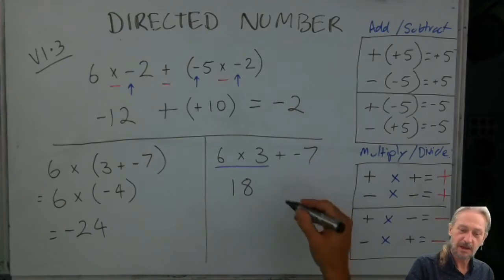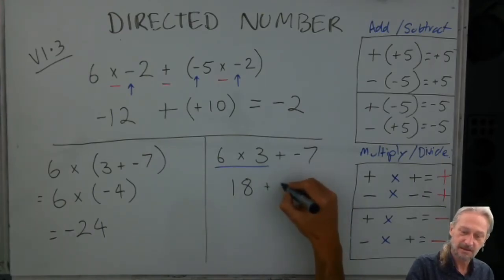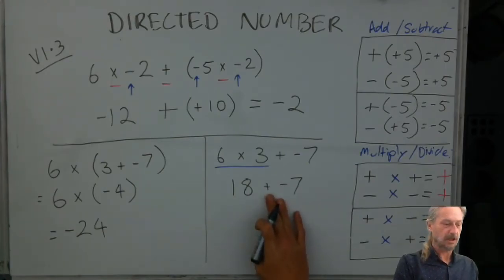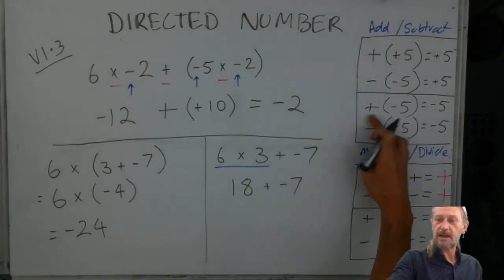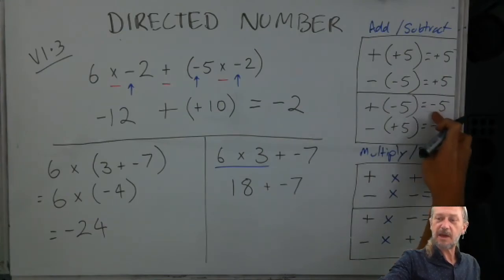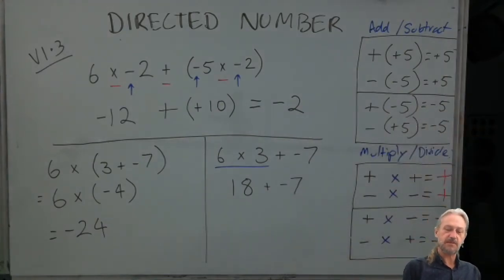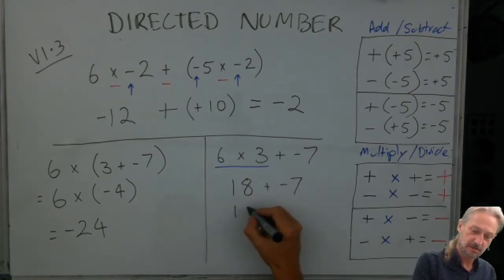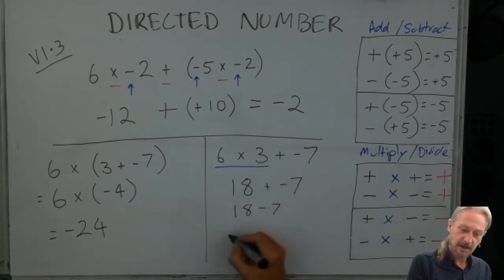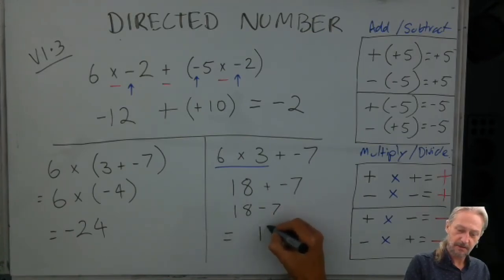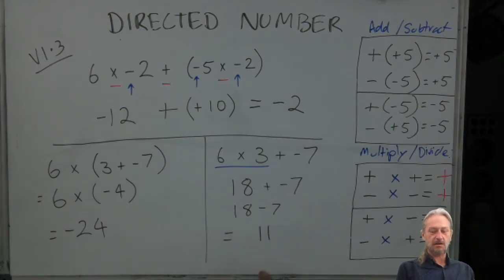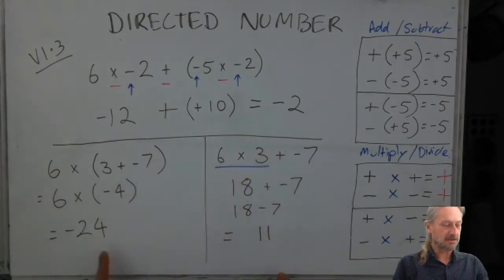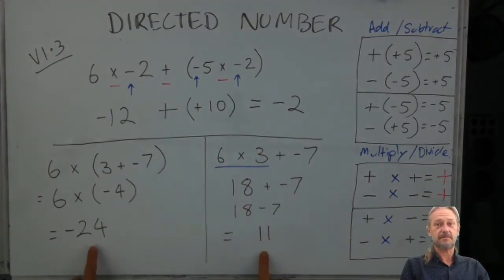But then we have to add negative 7. So like we did before, adding a negative is kind of the same as subtracting a positive. This is like 18 take away 7, and that equals 11. So notice how having the brackets here and then the brackets not being there gives us two very different answers.